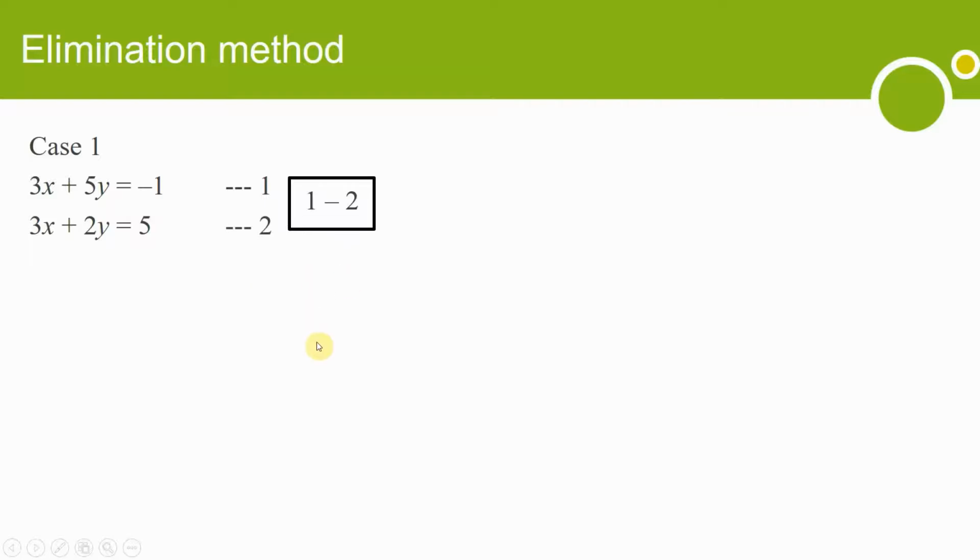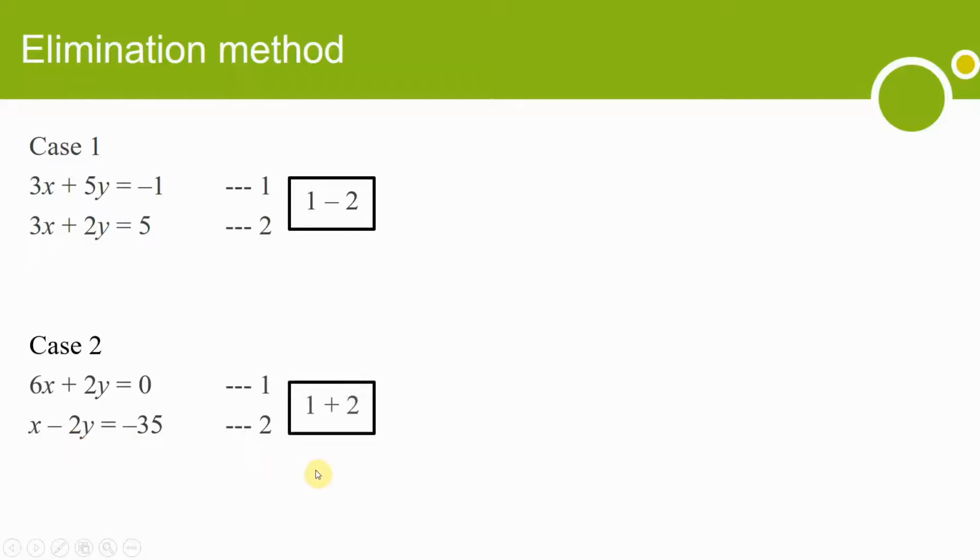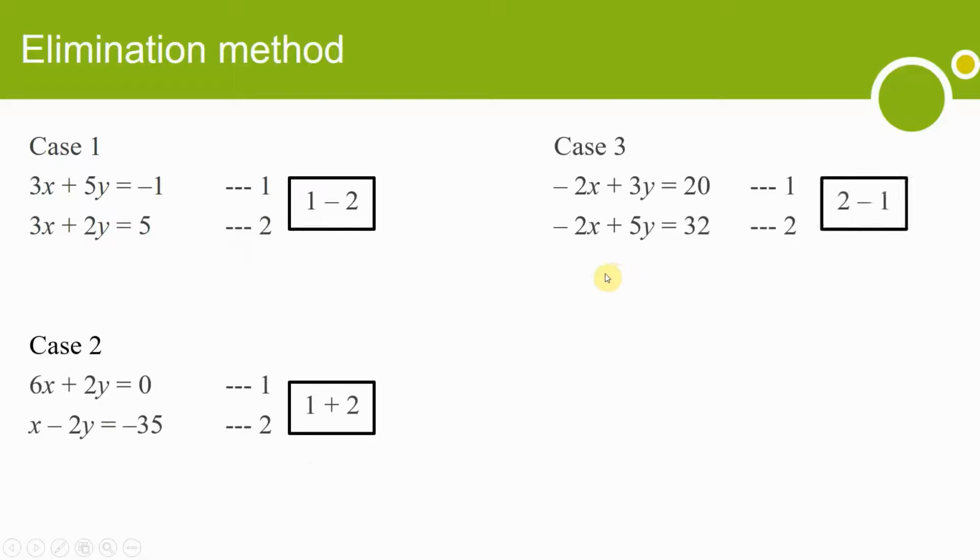We can solve this. Now for case 2, whenever we see the difference in signs, plus 2 and minus 2, we use plus instead. For case 3, now again here we see there's negative 2 and negative 2, they are the same. So we use minus instead.